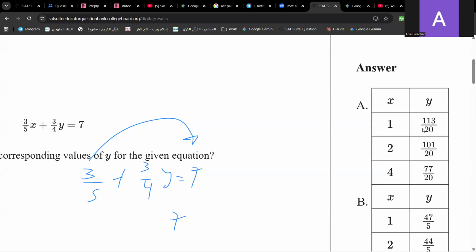Then 3 over 4 y equals this, times 4 divided by 3, times 4 over 3. It will be 25 over 3.